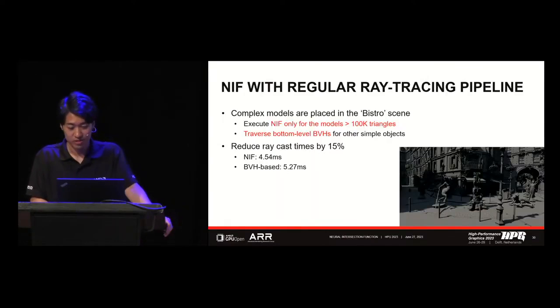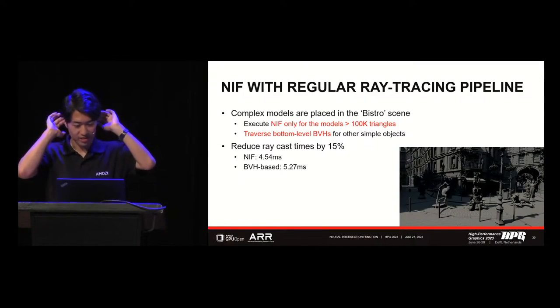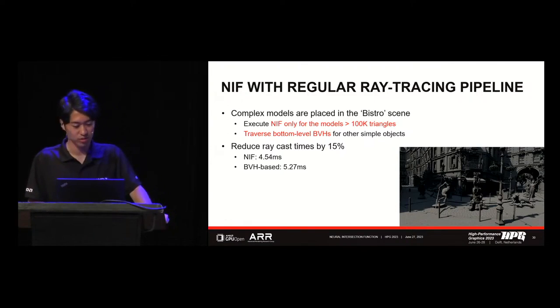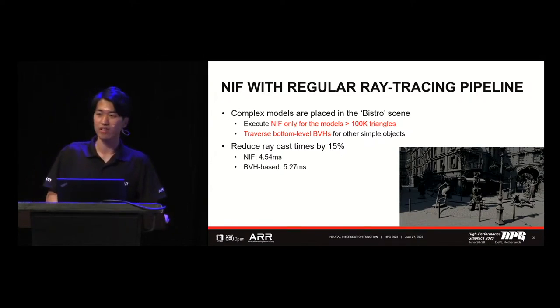Additionally, we demonstrate NIF can also accelerate raycasting in a more complex scene, and can be used in one unified rendering framework. We test NIF in this scene where 6 complex models are placed in the Bistro scene. As explained before, applying NIF to simple objects is not beneficial.